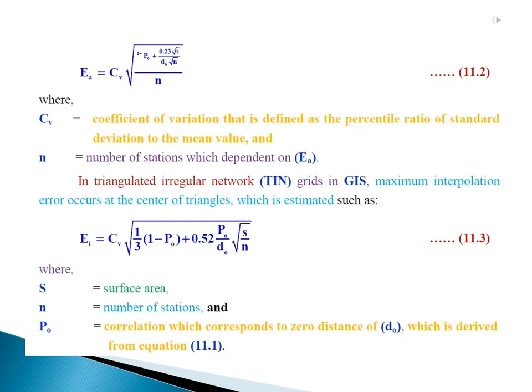Look, my dear, an equation which defines the relative mean error of observed monthly rainfall at a given area.